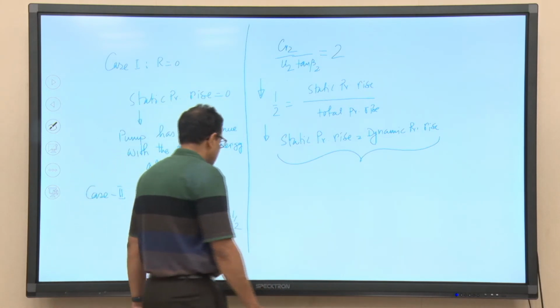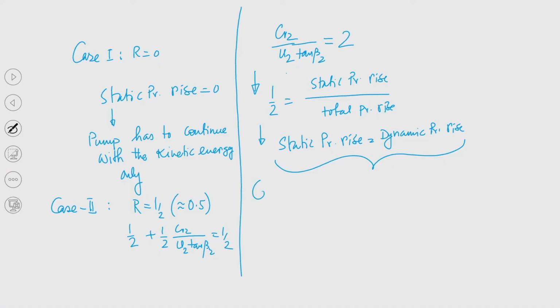Okay. Now, if we go to case 3, we have discussed case 1, that is r equal to 0, then r equal to 0.5, and finally we can consider r equal to 1.